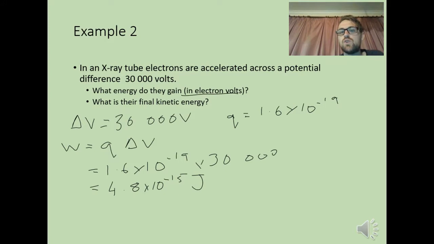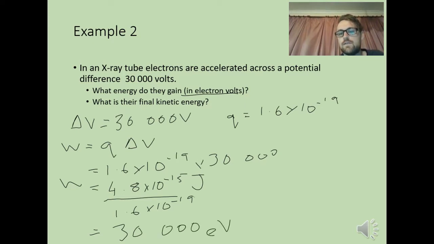So the way we go from joules to electron volts is we divide by the charge on one electron. So we need to divide this number. So this is the work in joules, but if we divide it by 1.6 by 10 to the negative 19, okay, put this into your calculator again, you get 30,000 electron volts.